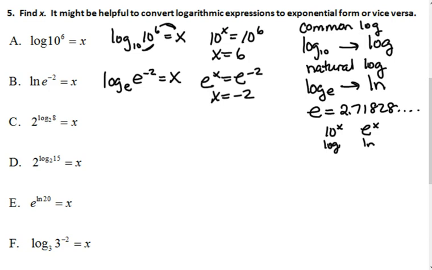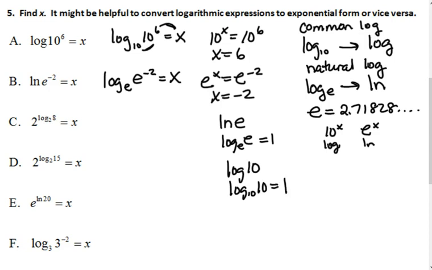Okay, so natural log of e, well, we'll get to that in a minute. Okay, maybe I'll just say this now. Natural log of e is equal to log base e of e. And that's just 1, because e to the first equals e. Log of 10 is equal to log base 10 of 10, which is just 1.